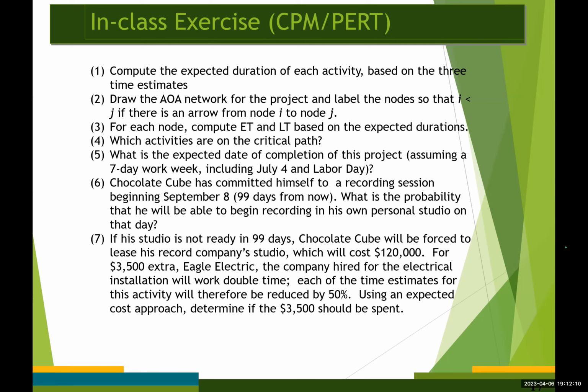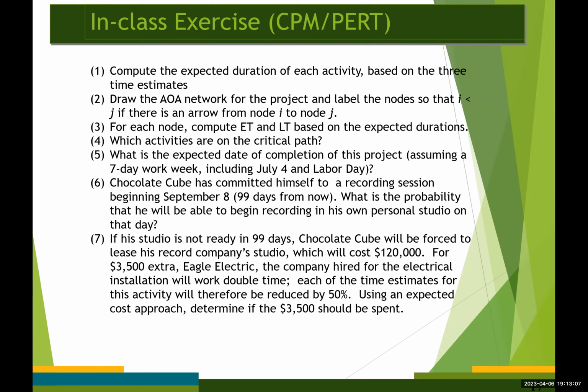And it's asking you the probability that he will be able to begin recording in his own personal studio on that day. Okay, so now we need to find the mean and standard deviation of the sum of the durations on the critical path to answer for this question.